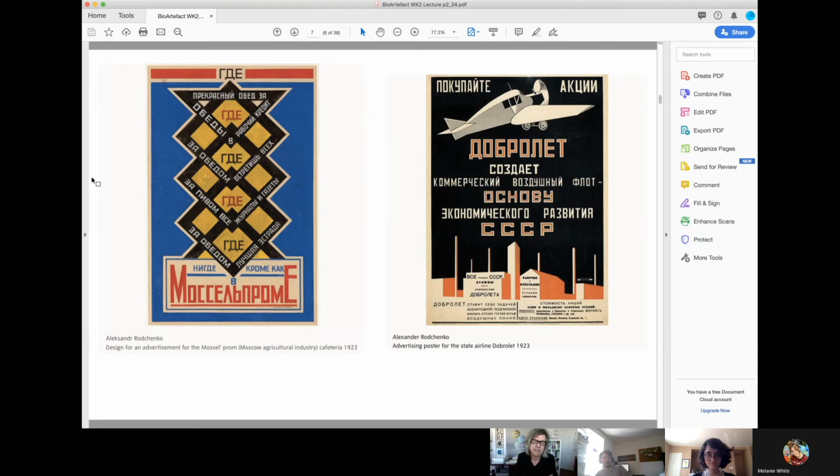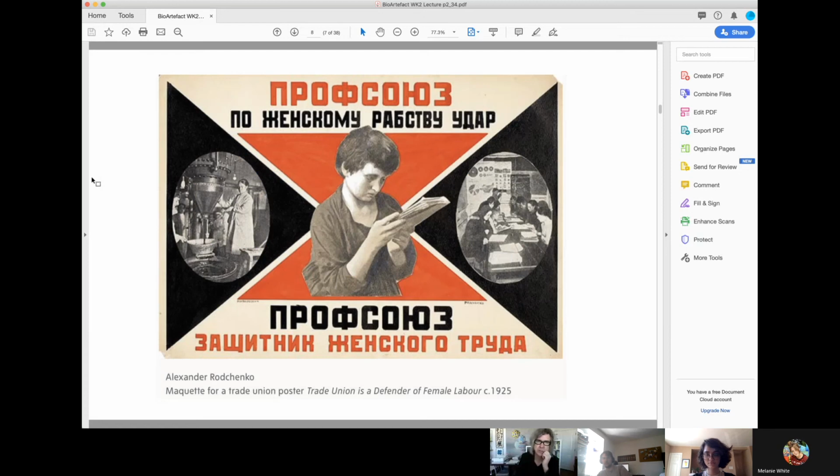But nevertheless, I think these historical references give you some things to think about in regards to composition, to illustration, in regards to form. Here we have something in regards to trade union, which I think would be a clear example of a more political campaign that Rodchenko would be involved in.